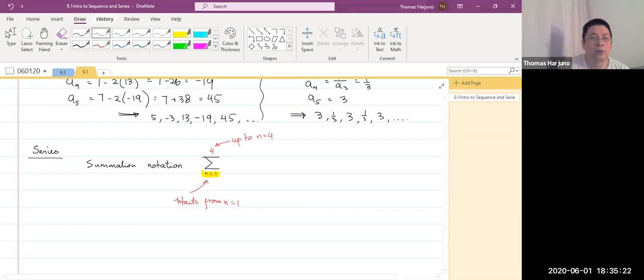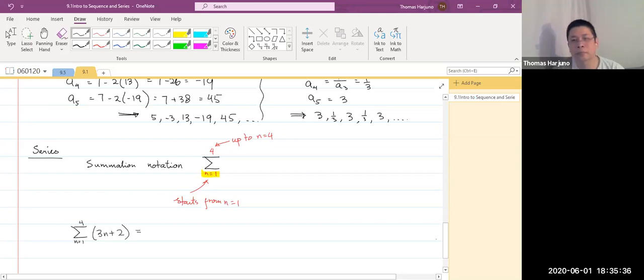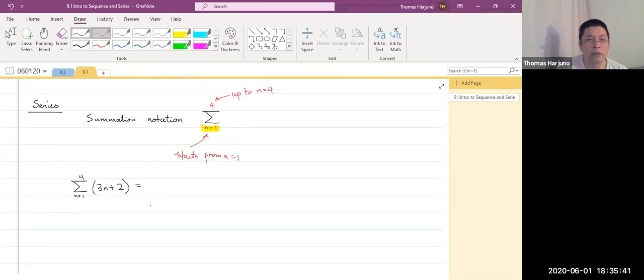For example, if I have the summation from n equals 1 up to 4 of 3n plus 2, then I will do the summation for when n equals 1, n equals 2, n equals 3, n equals 4.